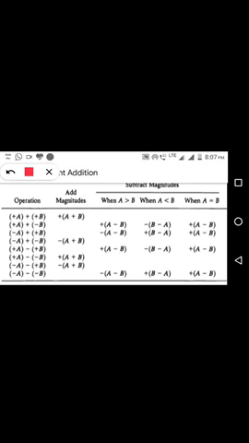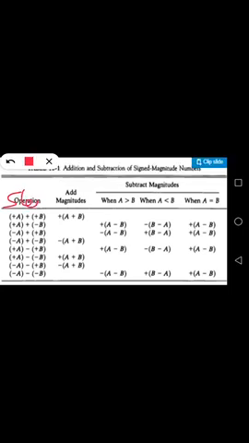in case of subtraction, the algorithm says step 1: if the sign bit AS is not equal to BS, if the sign bits are different, such as in this case and this case, in case of subtraction you need to perform the addition operation.